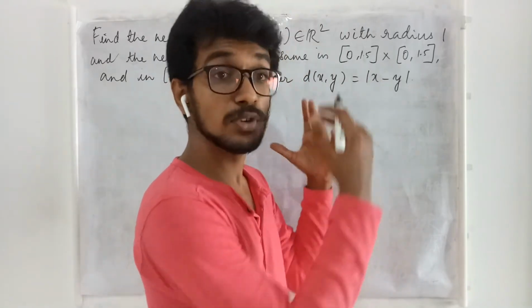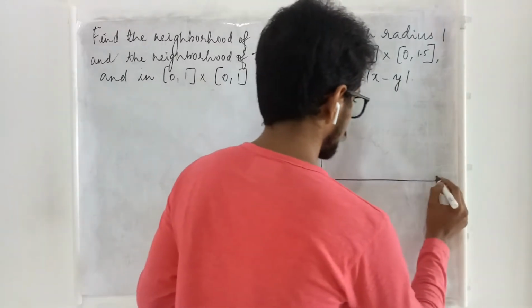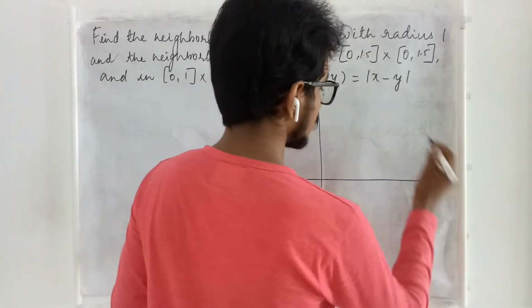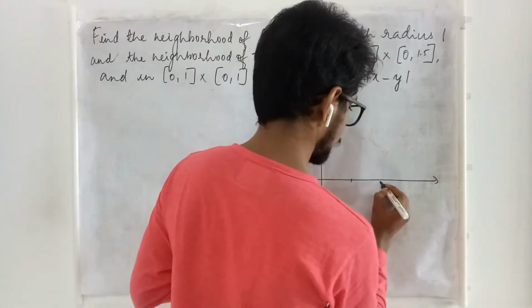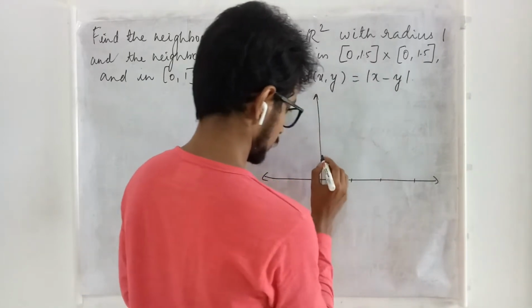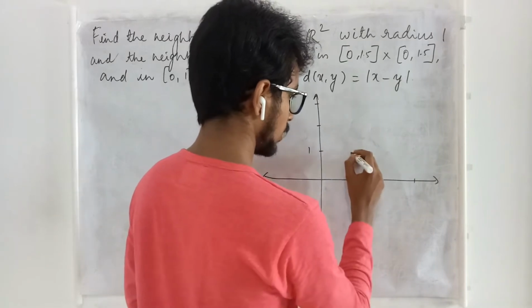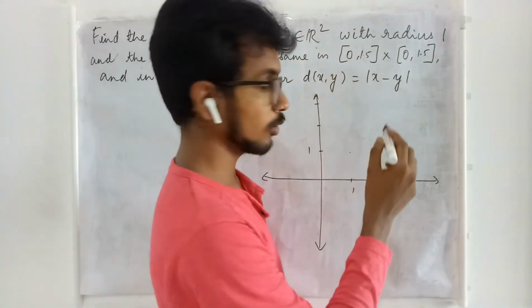Directly let me draw. We shall visualize these things, right? Let us consider this to be our R2, in which this is going to be the point (1, 1), and the radius is given to be 1.